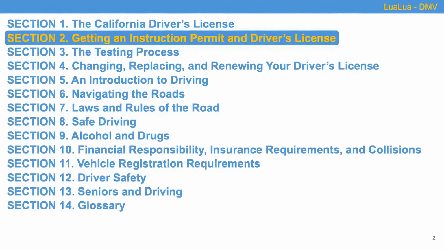If you are under 18 years old, you will also need to be at least 16 years old, have an instruction permit from California or another state for at least 6 months, or turn 18 years old before scheduling your behind-the-wheel drive test. Prove that you completed both driver education and driver training.